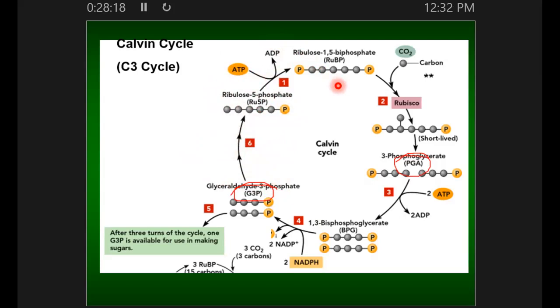So lots of stuff happening here. Key points where we see ATP and NADPH. And then we see that there is this kind of branch point here where some of that G3P gets sent into another pathway in order to make sucrose.